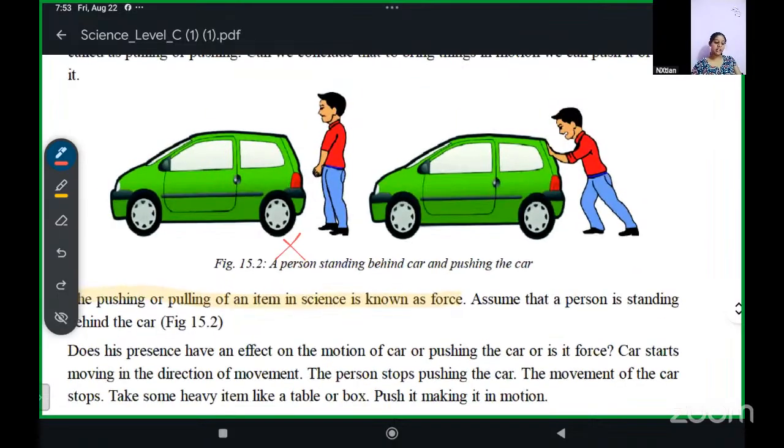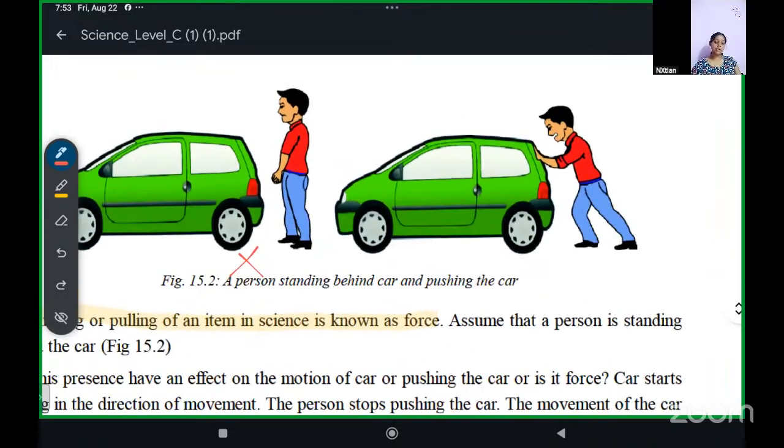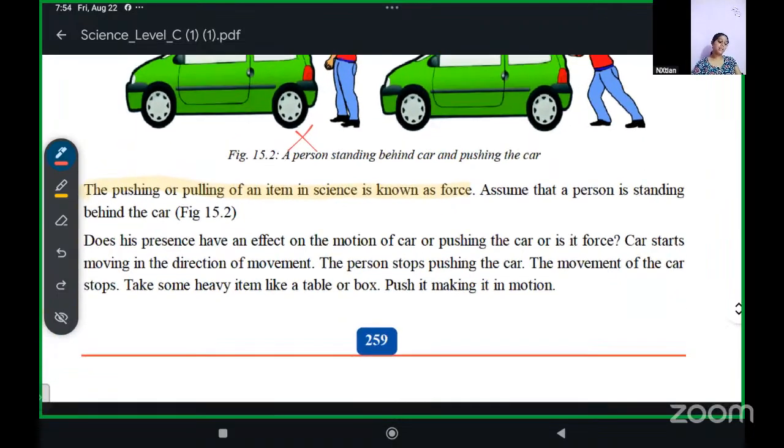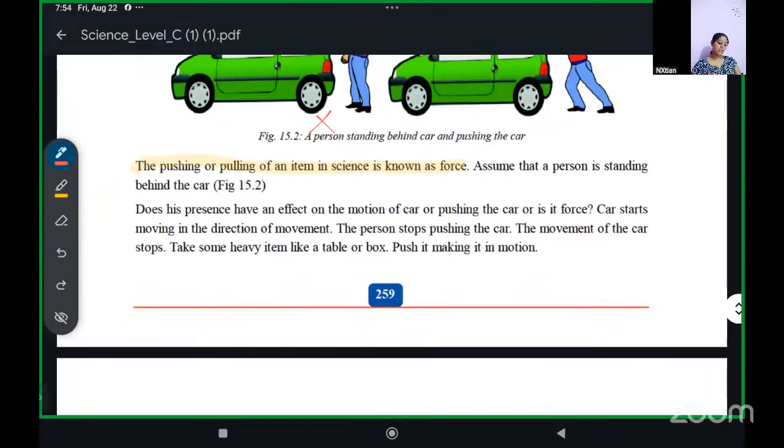But when a person starts pushing the car in a particular direction, the car will start moving in that direction, or the car will be in motion because of the force that is applied. Now, when the person stops pushing the car, the movement of the car stops.